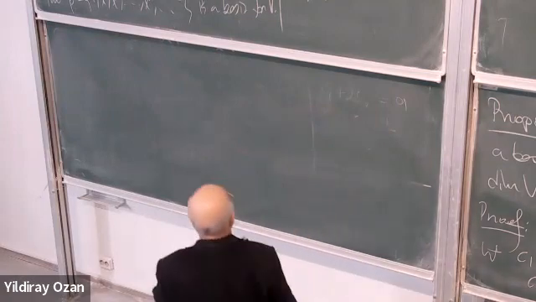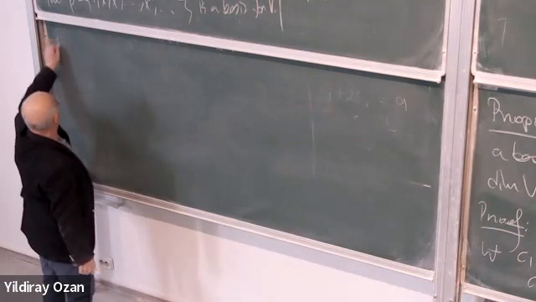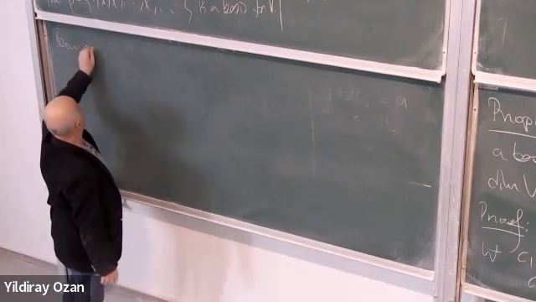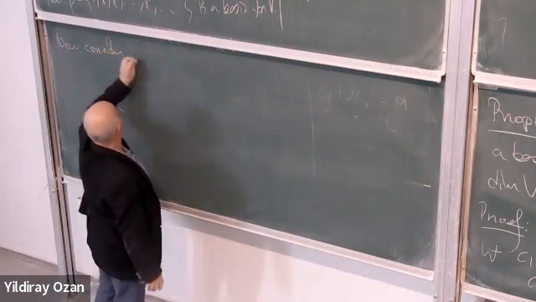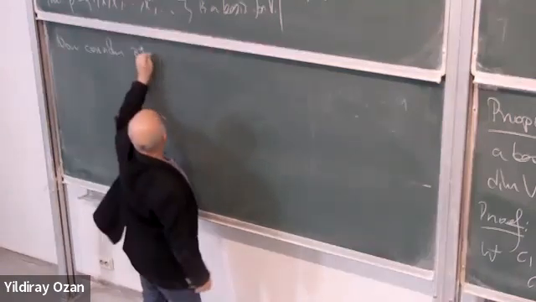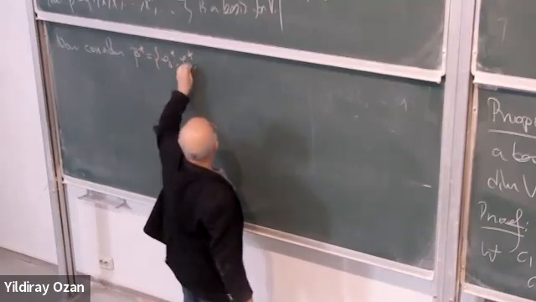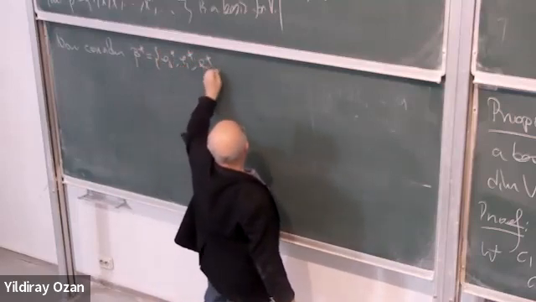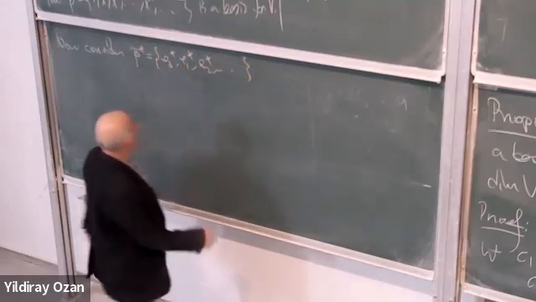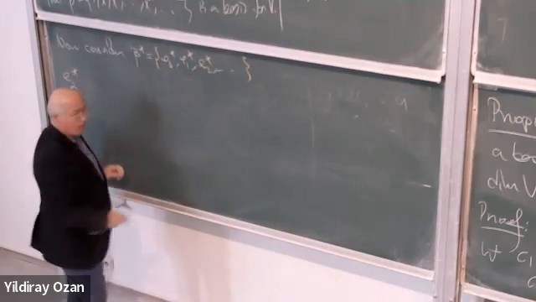Now consider E0 star, E1 star, E2 star, and so on. So, for example, what is E2 star?